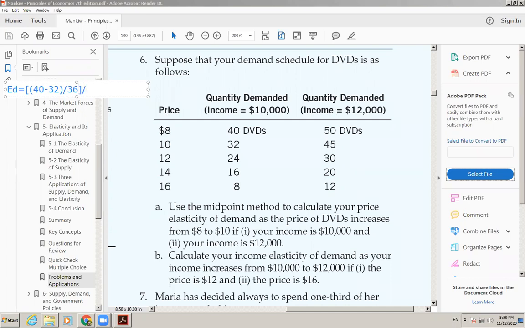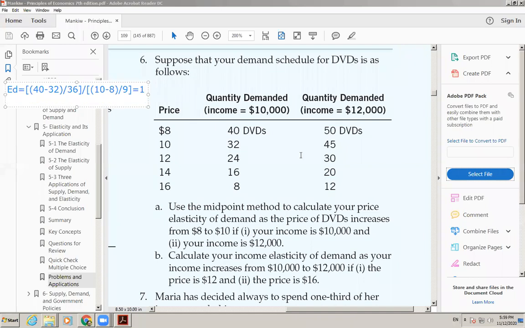And this is all divided by 10 minus 8, over the midpoint, 9. If you calculate, we should get 1. So our price elasticity is 1, which means it's unit elastic. And this is when income is 10,000.